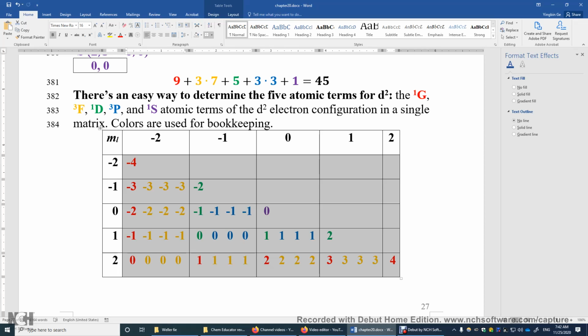Well, just 2 more atomic terms after I. After I, it's not J. I think one reason we do not have J in the atomic terms is there's no letter J in the Greek alphabet. It could be one of the reasons. So after I, it's actually K and L. And then you have 3K and 1L as the atomic terms for the g2 electron configuration, when you have 2 electrons in the g atomic orbitals.